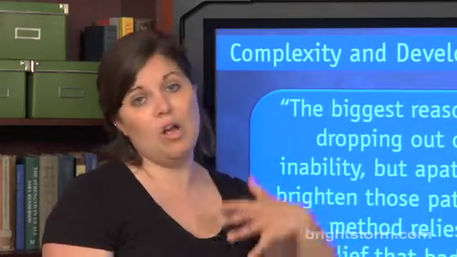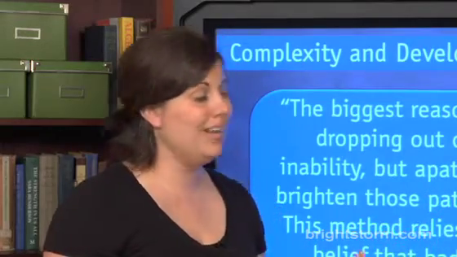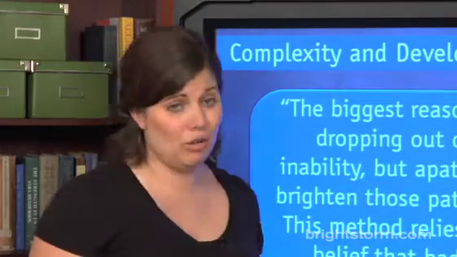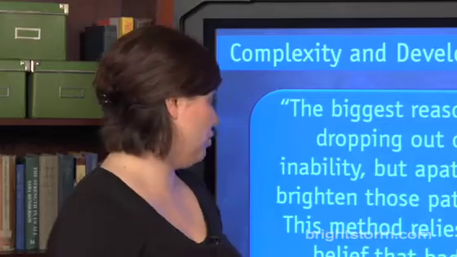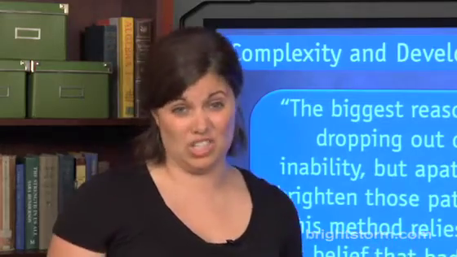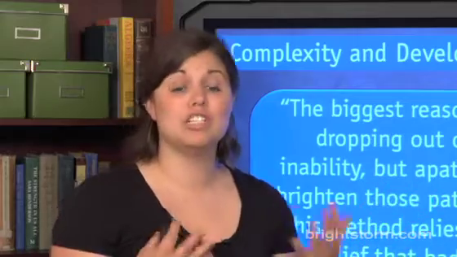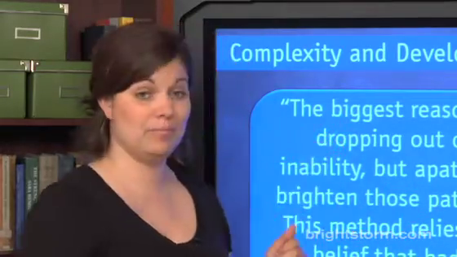Instead of just saying, well, you should have a wider variety of classes because it provides motivation, this writer kind of goes out on a limb and says, well, let me correct the prompt actually. Instead of saying that the problem is students dropping out because of inability, which is what's suggested, I'm going to go out there and say it's actually apathy. So it suggests an interesting premise, which really is great complexity there.